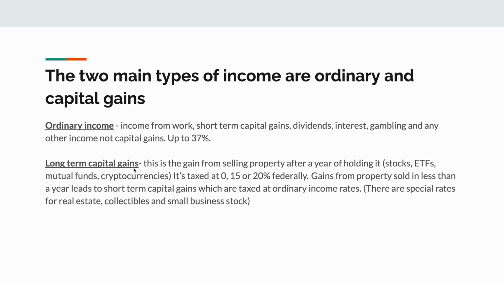With long-term capital gains, it tends to be much less. This is really the difference between what you got for selling something, let's say a stock, versus what you paid for it. The difference of that is the capital gain.